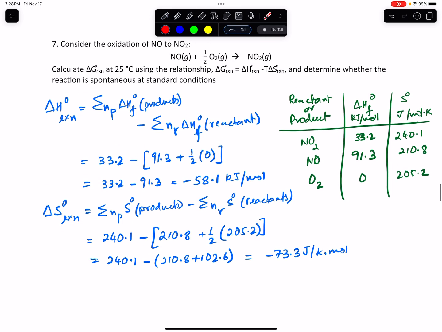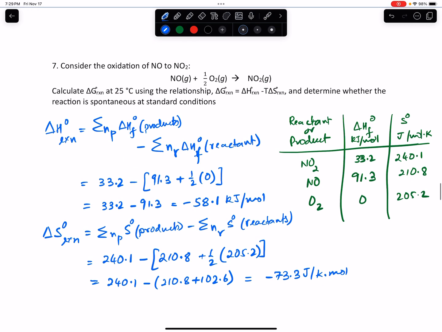So we're going to put this all together in this equation. Since we're solving for delta G naught of the reaction, and we know delta H and delta S, we have to find the temperature, which happens to be sitting out here. Since you have Kelvin out here, the temperature 25 has to be converted to Kelvin. So temperature is 25 plus 273, which gives us 298 Kelvin.